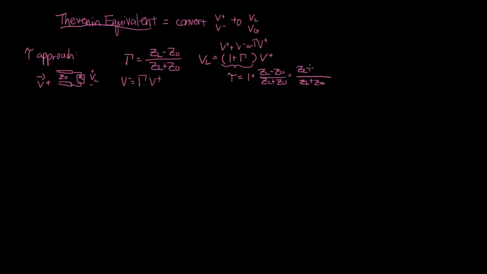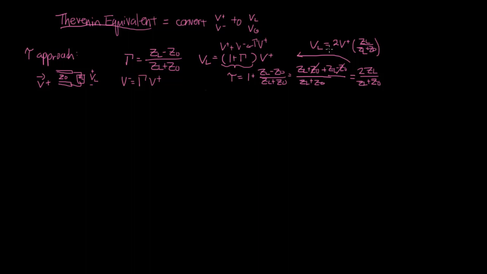So the 1 is going to be ZL plus Z0, and then plus ZL minus Z0, which ends up giving you, the Z0s will cancel, so you'll end up with 2ZL over ZL plus Z0. So let's plug that into here. You now have VL is equal to 2ZL. Let's do a little bit of reordering. We're going to put the 2 here, and then we have our V plus, and then we're going to put the rest of this out: ZL over ZL plus Z0.